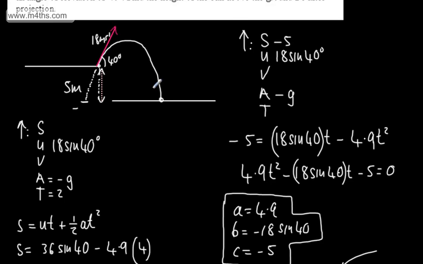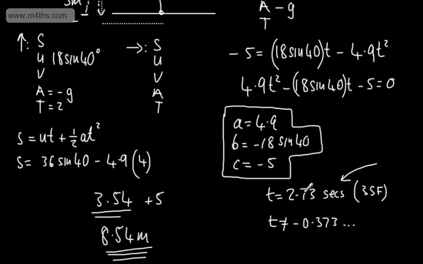Now if we look at this right here, we could then find the range. If I wanted to, I could work out this distance from here. We've got a time, so at this stage I would consider now the horizontal motion, so that we are looking for S. S is the horizontal displacement. We have this time which I can store in the calculator if I like, 2.73 dot dot dot.